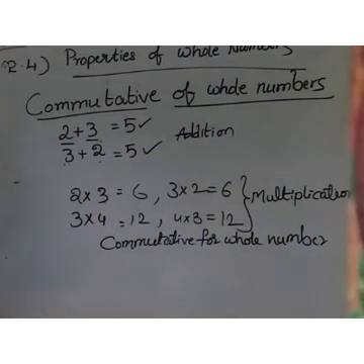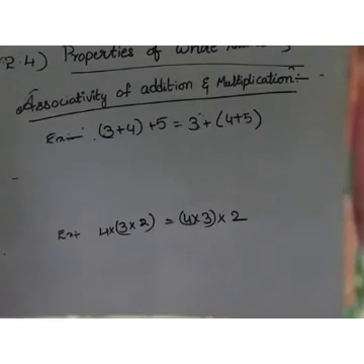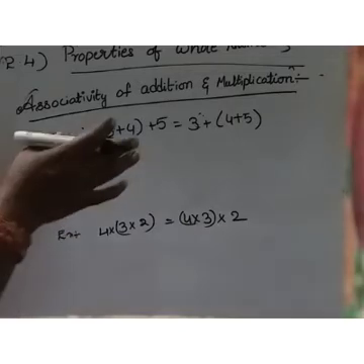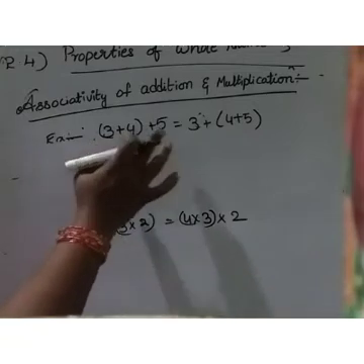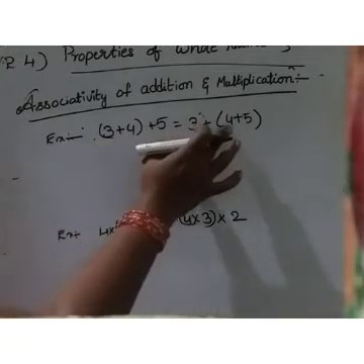Next, let us discuss the associative property. Associativity of addition and multiplication. Look here, children, (3 plus 4) plus 5 is equal to 3 plus (4 plus 5).